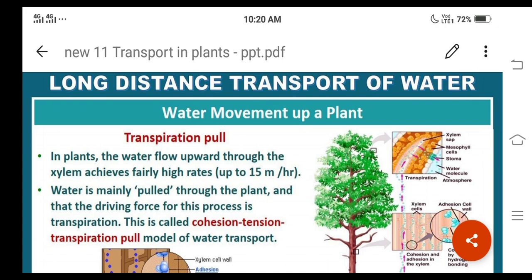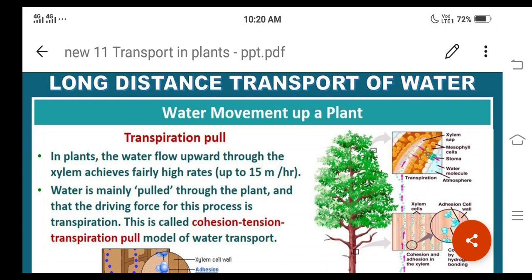According to the current research, the water is mainly pulled through the plant, not pushed. It is mainly pulled, and the driving force for this process is the transpiration from the leaves.